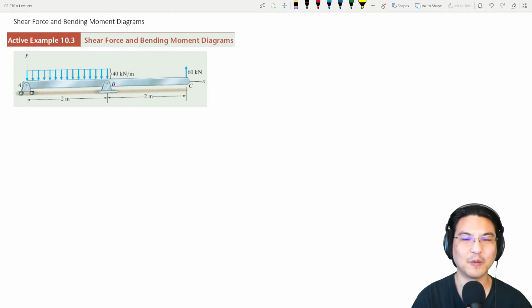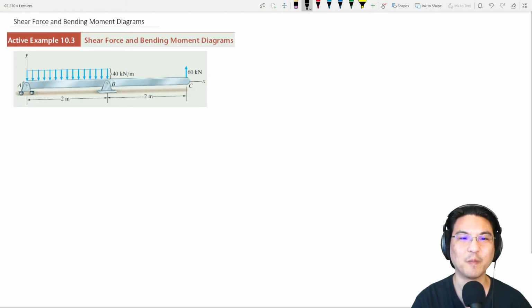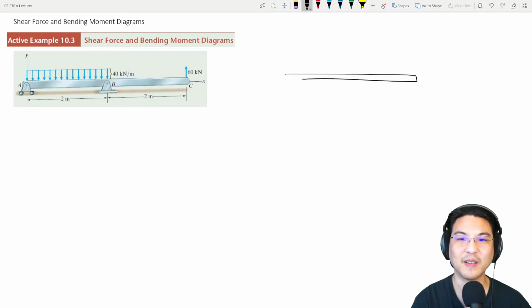Let's start with the free body diagram of the entire thing so that we can solve for the reactions at these two supports. So let's use this example. If I have coordinates, say, right over here, x and y, I'll decompose the pin support at B into x and y components. And then I have the roller at A. And then we have this discrete load here.